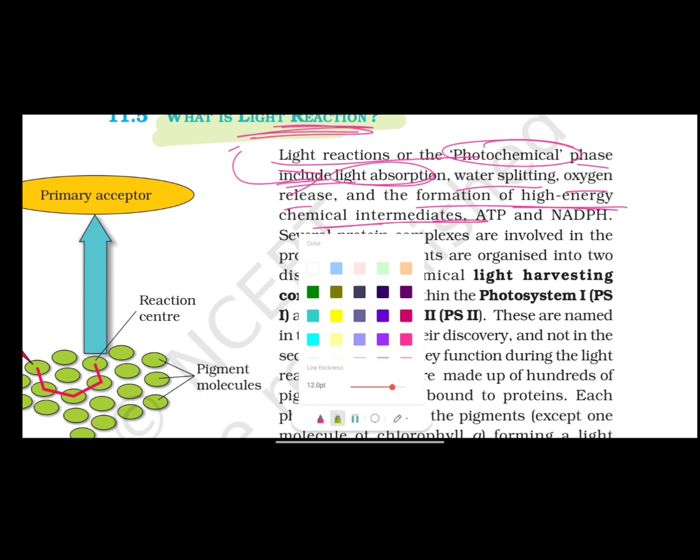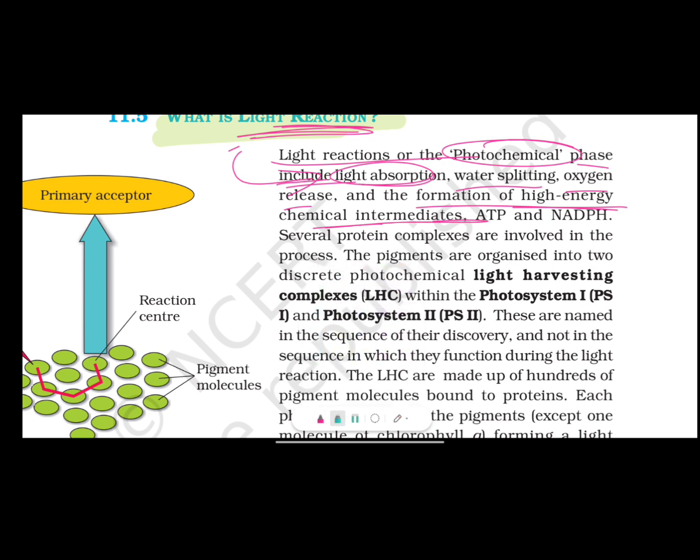A very important question you can get here is, what is the main step in the light reaction? Water splitting, oxygen release, light absorption, and the formation of high energy chemical intermediates, that is nothing but ATP, NADPH. First step is light absorption.